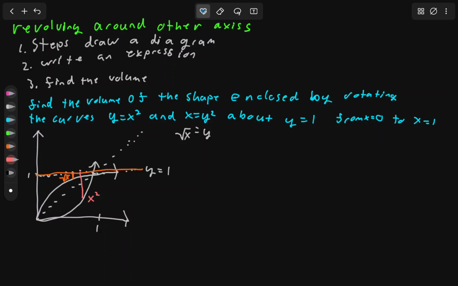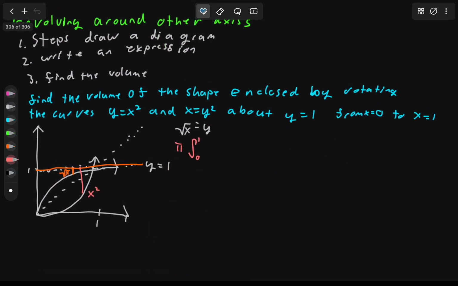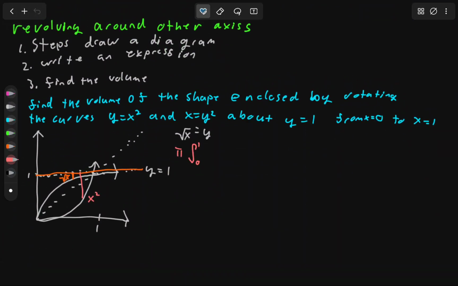So what our integral is going to look like is the integral from 0 to 1 of pi times, of course, x squared minus the square root of x, squared, dx.